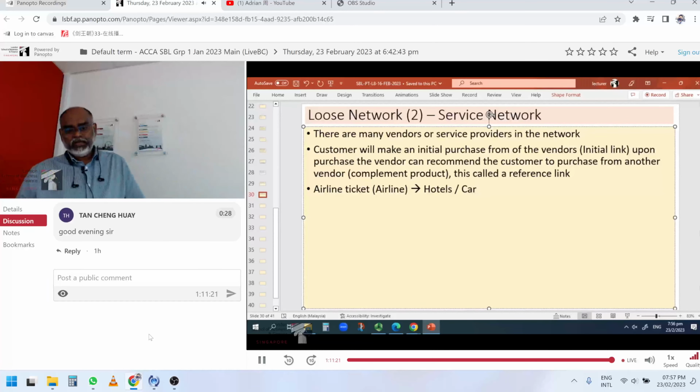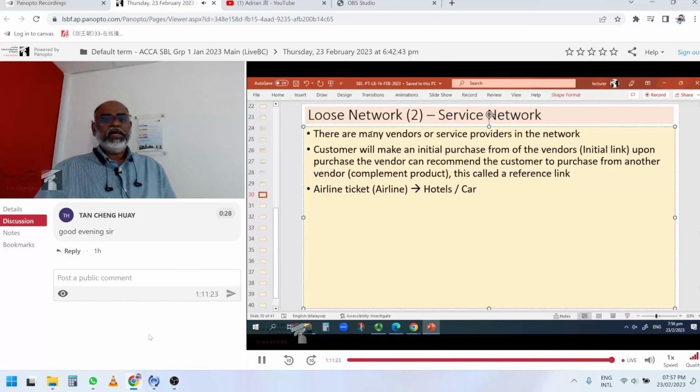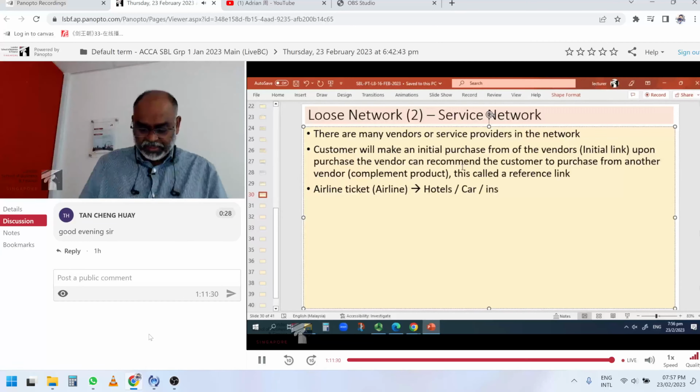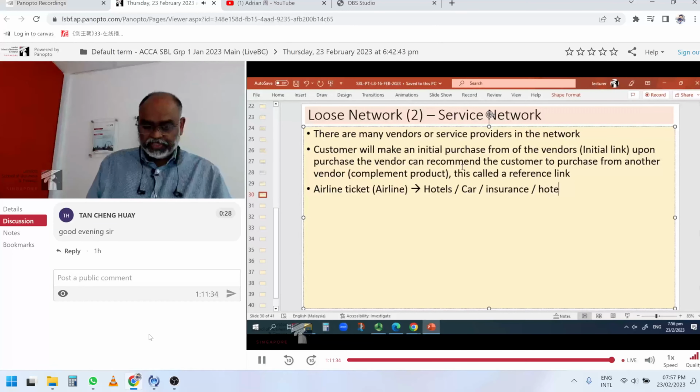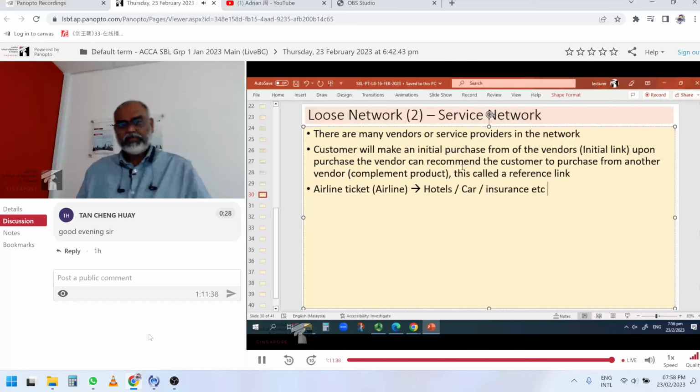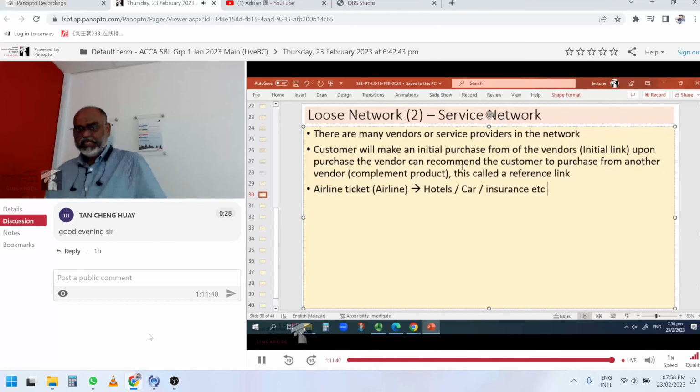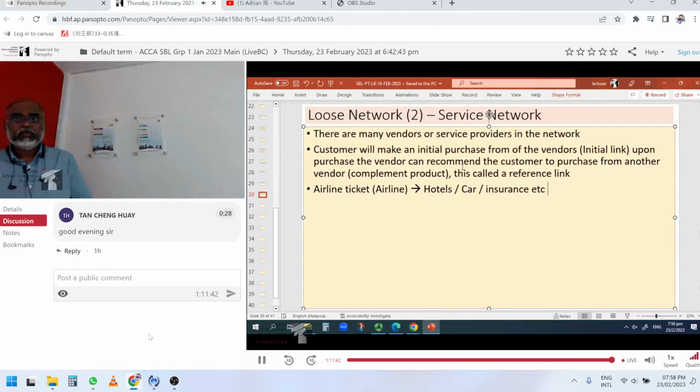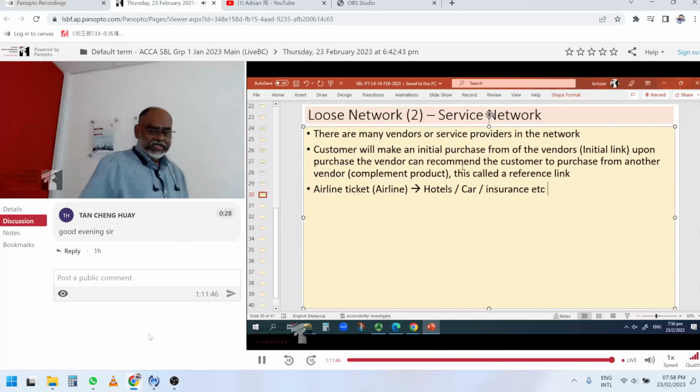The initial link is to buy an airline ticket, then you buy hotel, car rentals, insurance, and so forth. Example of this would be like KrisFlyer programs. So once you go in already, you can collect miles and things like that.